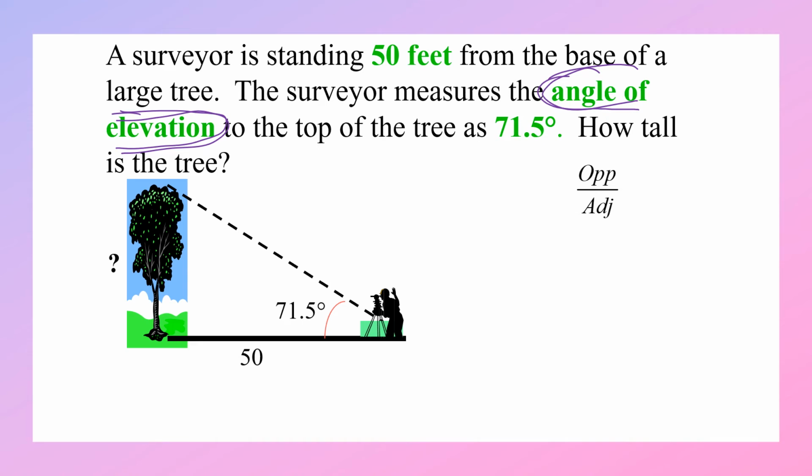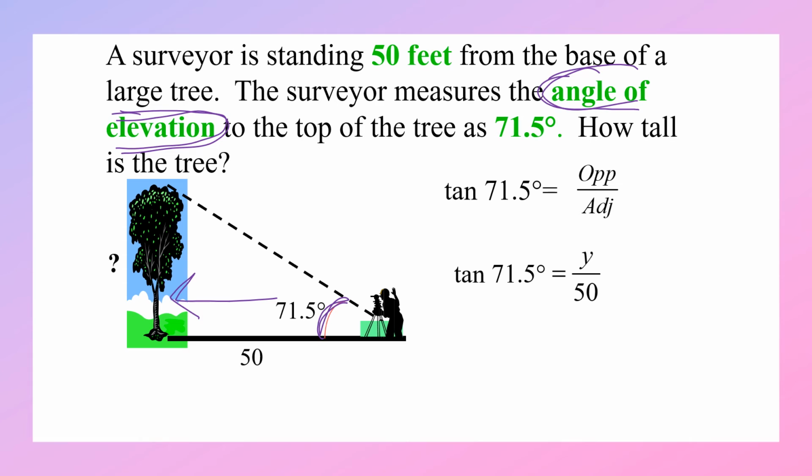So if we're looking at this angle, what are the two things that are given to us? So would this be sine, would this be cosine, or would this be tangent? We have the opposite and we have the adjacent. That would be tangent, okay? So we are taking the tangent of 71.5, and that is equal to y or x, whatever you want to use, over 50.